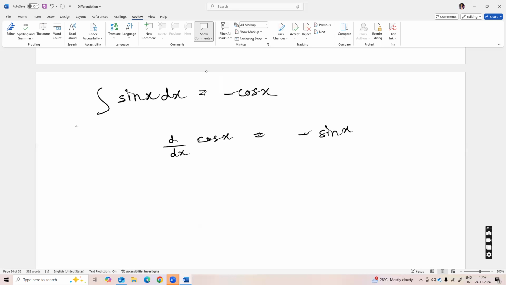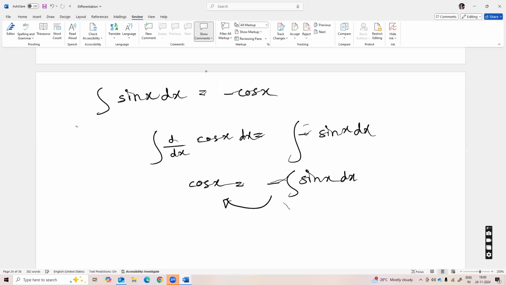Now if you take the integration on both sides, since integration and differentiation are inverse, it will get cancelled. So you will simply get cos x. So cos x is basically minus the integration of sin x dx. And if you bring this minus to the other side, you will get the integration of sin x dx as minus cos x.